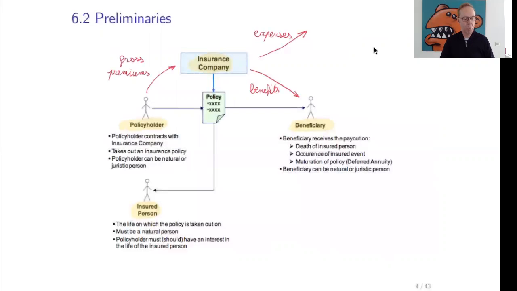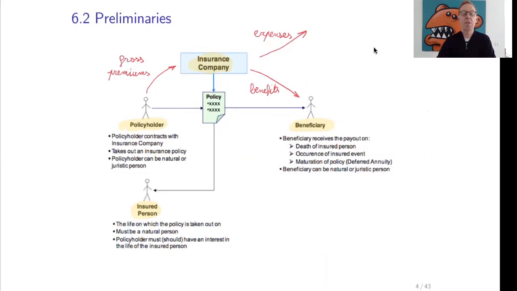In fact, there are four parties involved. First of all, there is the insurance company, and central is of course the policy. The insurance company issues the policy. The policyholder is the person who underwrites the contract with the insurance company, who pays the premiums. The insured person is the life on which the policy is taken out.